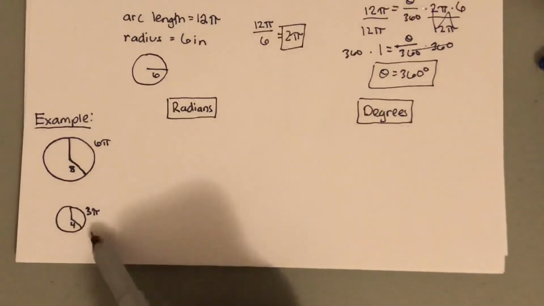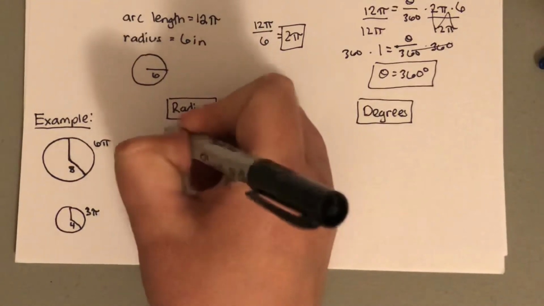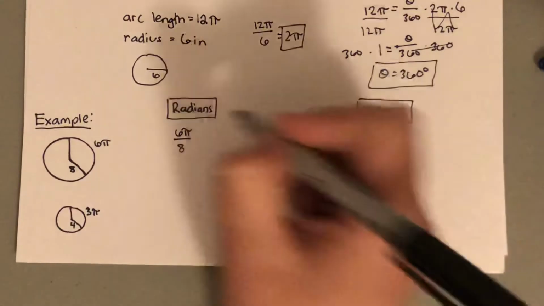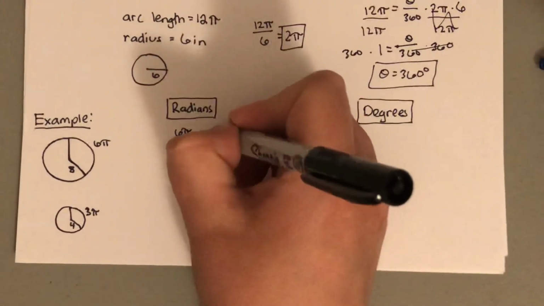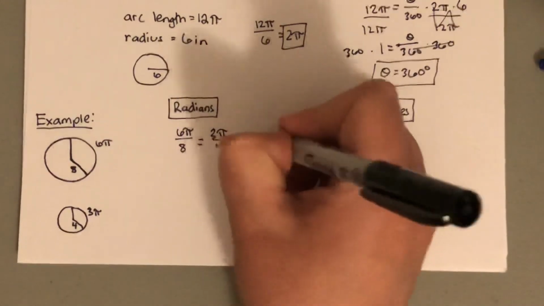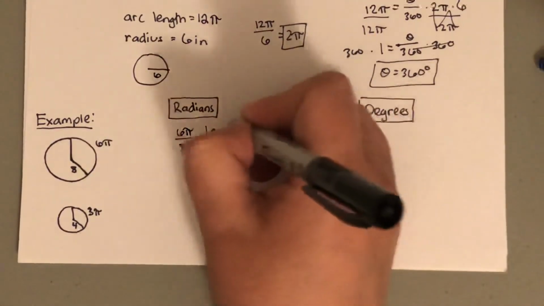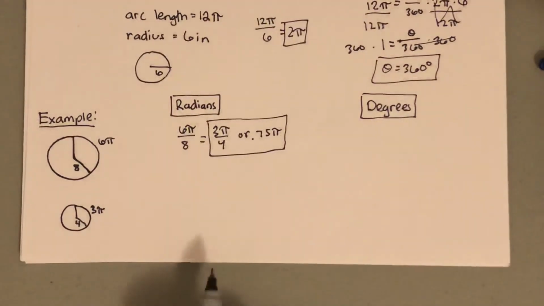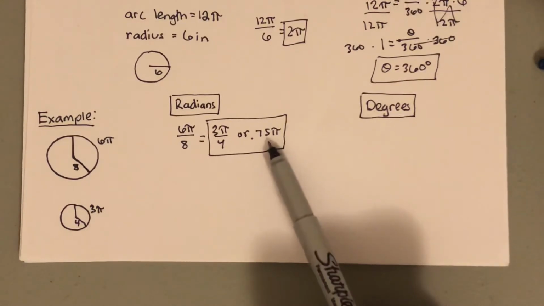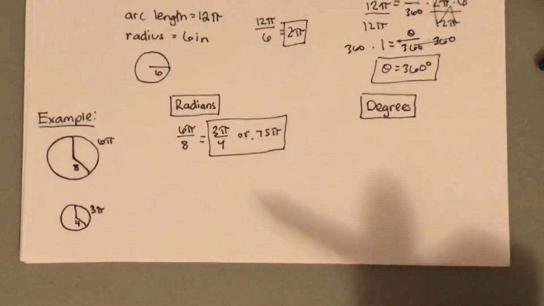So if I want to find each of these in radians, I would do 6 pi over 8, and that reduces to 3 pi over 4, or I could call that 0.75 pi. Okay? So I know that pi is 180 degrees, so 0.75 pi would be slightly less than that. Let's see what that is in degrees.